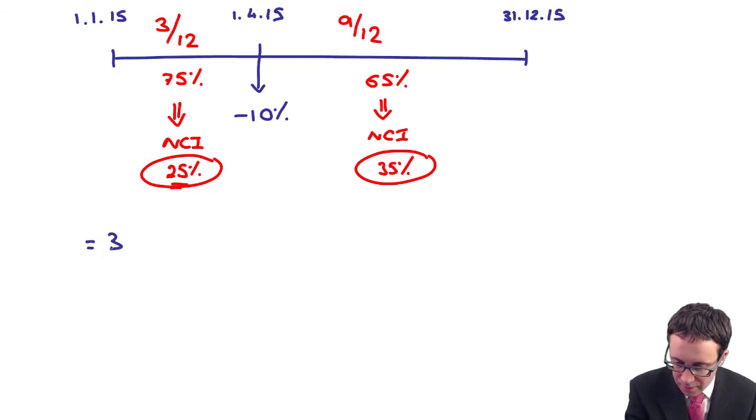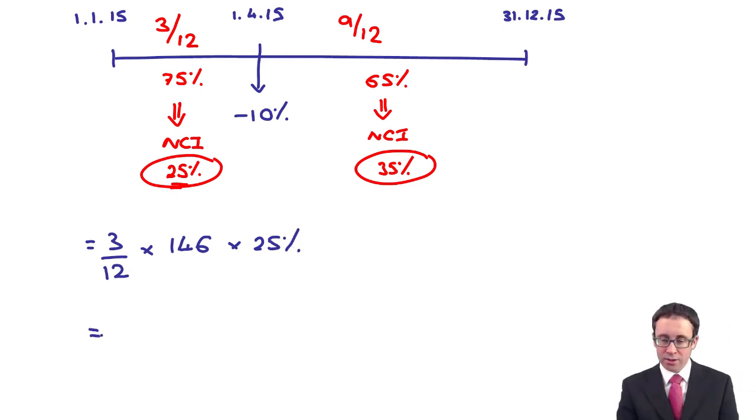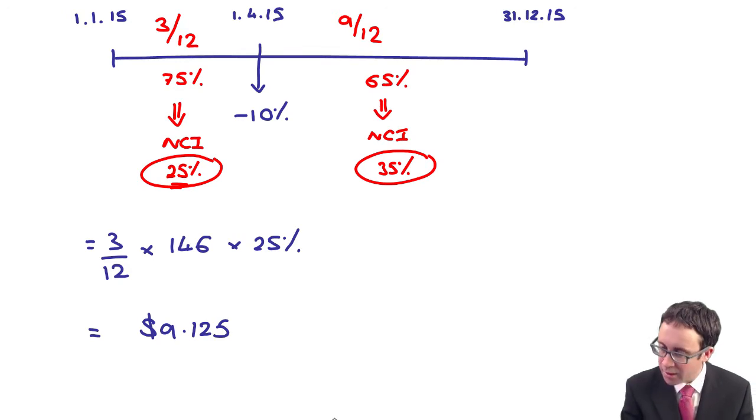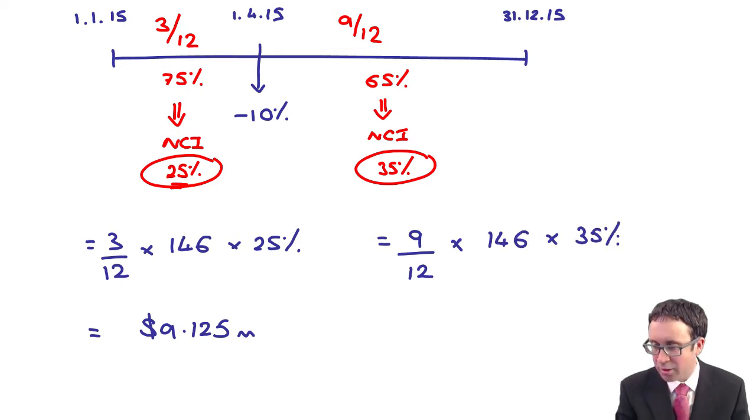3/12 of that 146 is when we had a 25% non-controlling interest. So that gives me there 9.125. We're dealing in millions? Yes, we are. And then for the remaining 9 months of the year, the non-controlling interest will have been attributed 35% of those profits for 9 months.